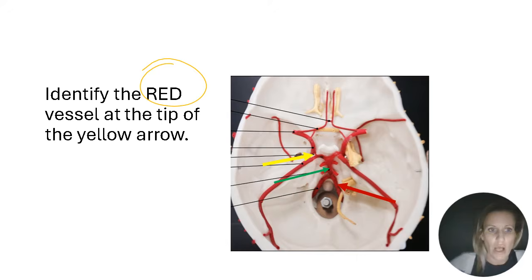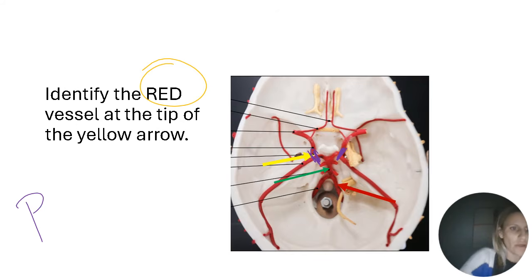And the yellow arrow is pointing to a tiny little vessel that goes like this, that interconnects the posterior cerebral artery and the internal carotid artery. And there's one over on this side too. So there's little tiny connecting vessels like this.